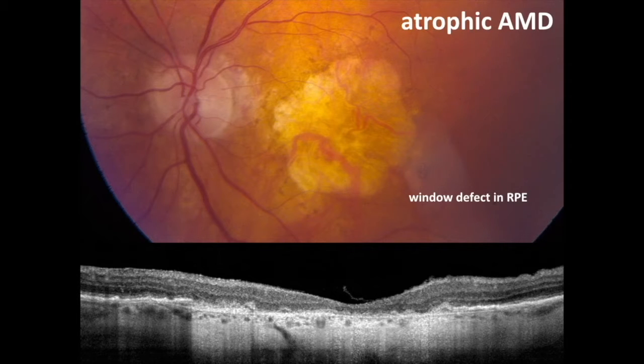Patients with atrophic AMD typically have a window defect in the retinal pigment epithelium. Photoreceptors are lost in the area of RPE atrophy. This is evident as loss of the ellipsoid zone in the corresponding area. The photoreceptors die because they need healthy RPE to survive. Increased transmission of light into the choroid also reflects loss of the RPE.